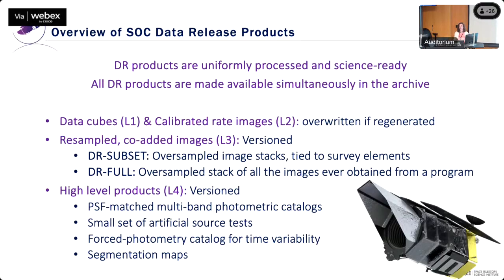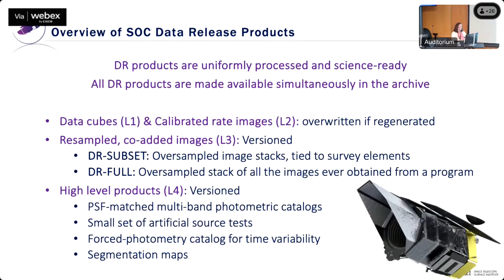And then we're also going to create subsets of image stacks that are tied to survey elements, and for the core community defined surveys, they will be optimized for the science case. Now, all the mosaics in this case will be resampled on the sky map, but they will be oversampled, so not at the native pixel scale.